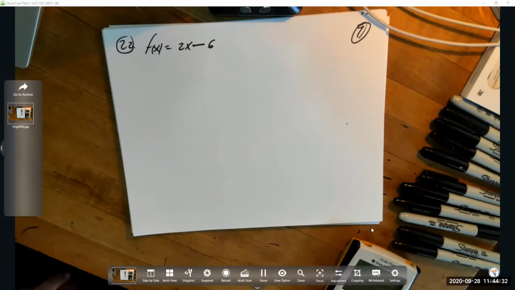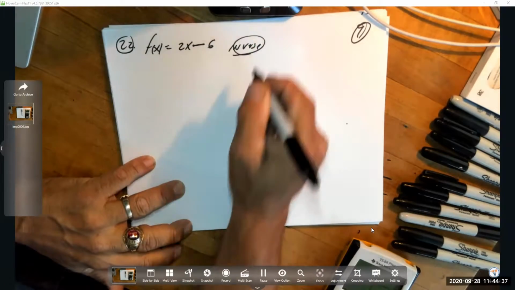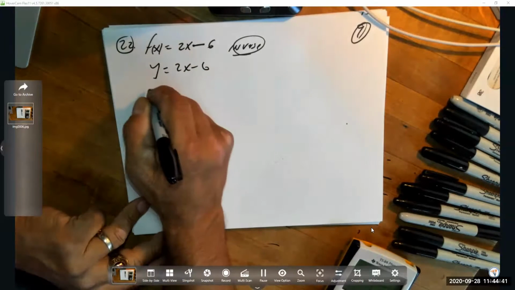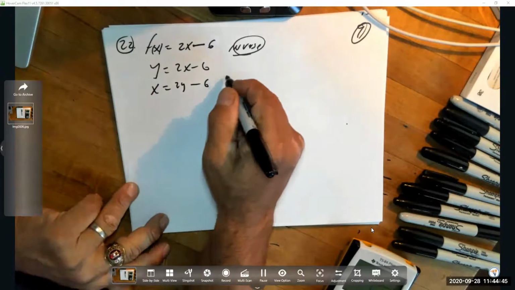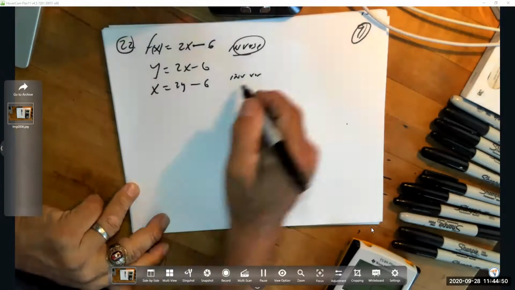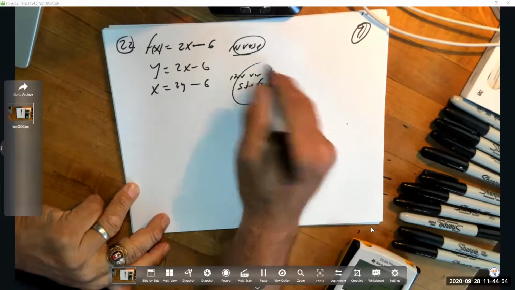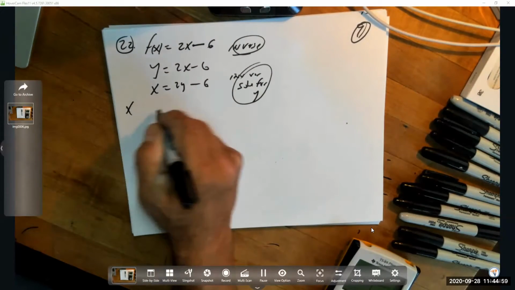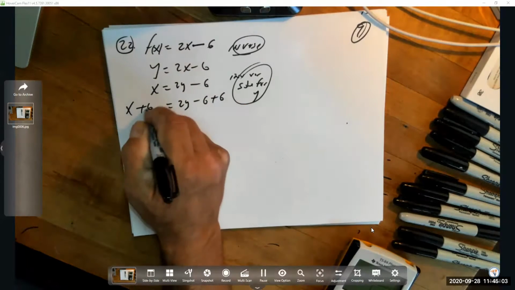Okay, but I also want the inverse of this thing. To get the inverse, you go y equals 2x minus 6, switch the letters, and then solve for y. To get y by itself, I'm going to have to get rid of that negative 6. So I'm going to add 6 to both sides.